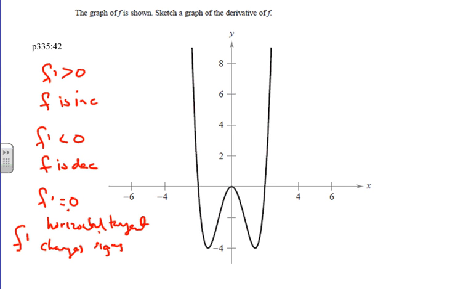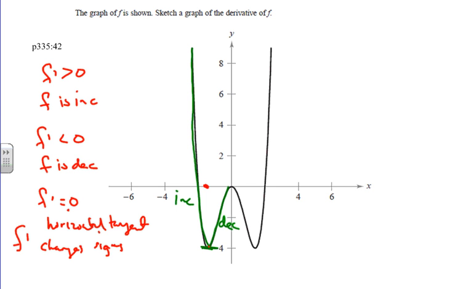So, look at this. Right here, we notice that f is decreasing. Since f is decreasing and then changes to increasing here, it appears that this point would be a critical point. That's at f prime equals 0. Well, since f prime equals 0, I'm going to plot that. This is where f prime will equal 0, wherever that maximum is, right there.